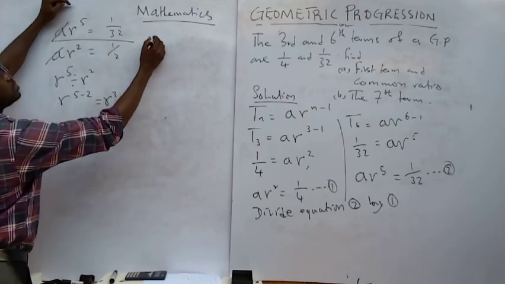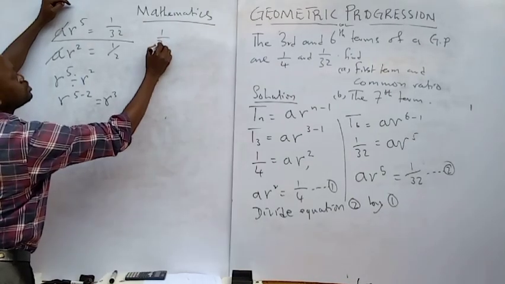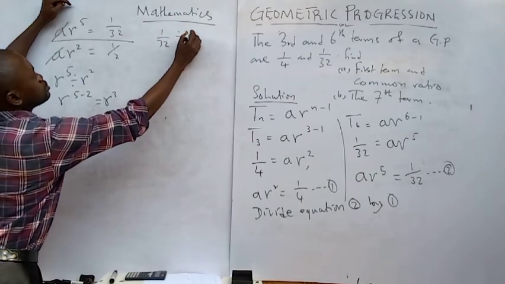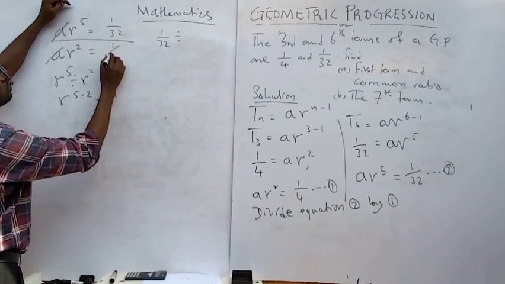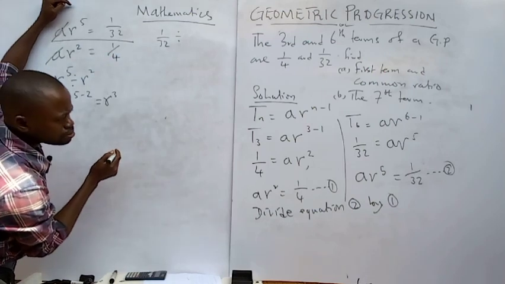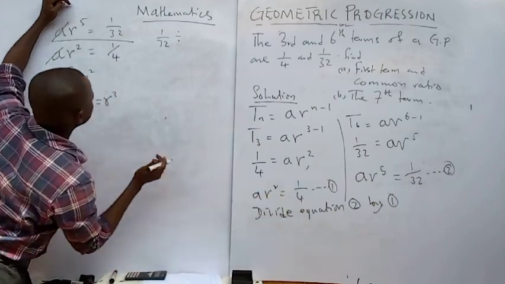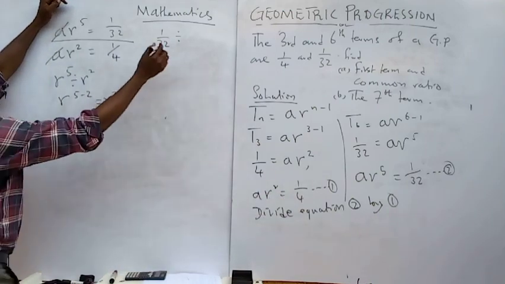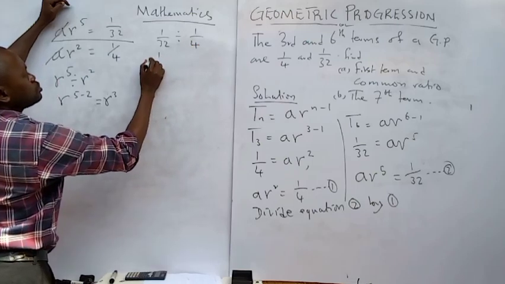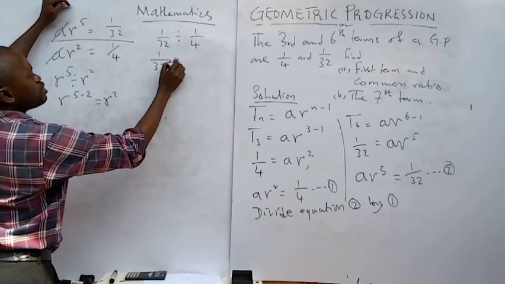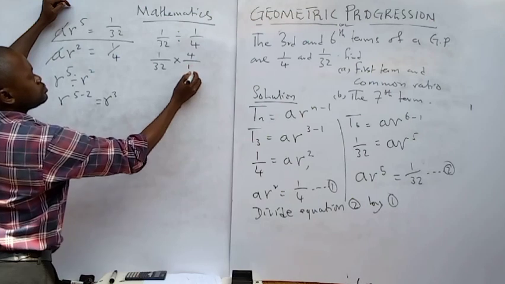This and this is 1 over 32 divided by, what did I write here? Is it 1 over 2? No, 1 over 4. So this will be 1 over 32 times 4 over 1.